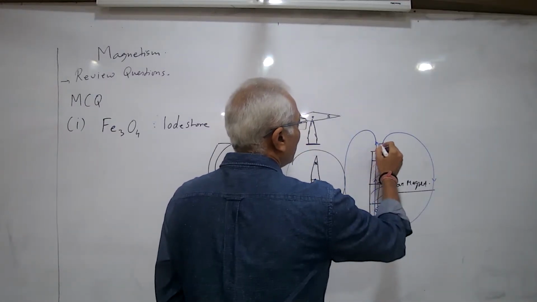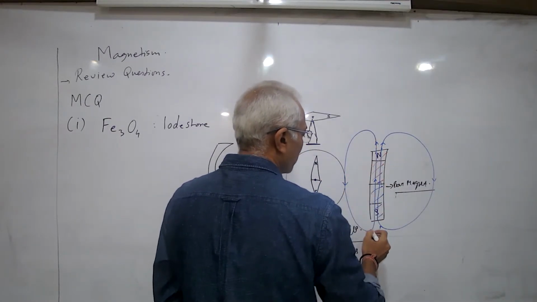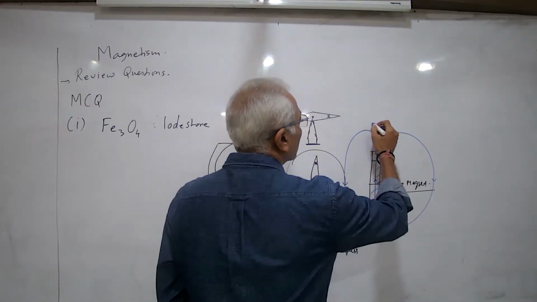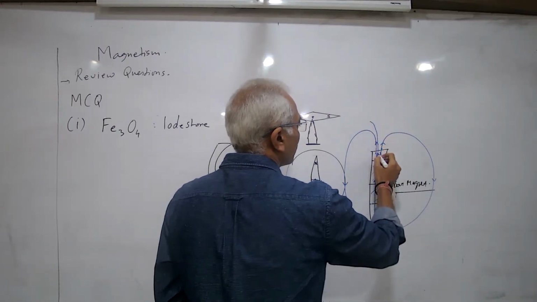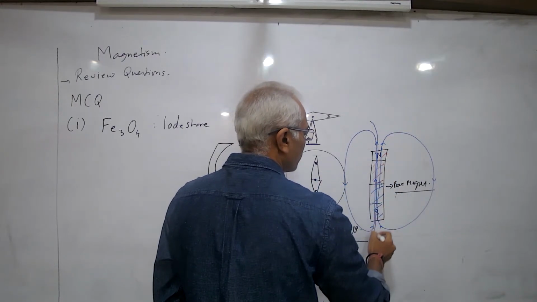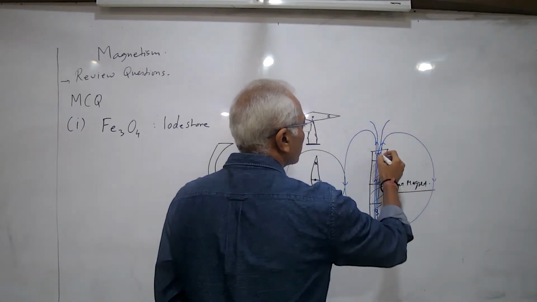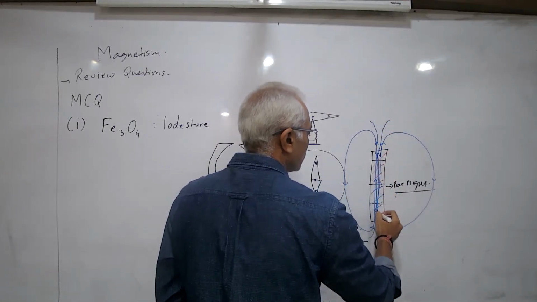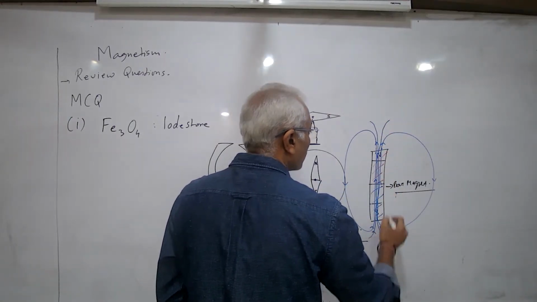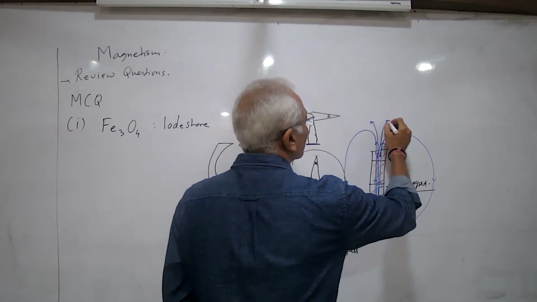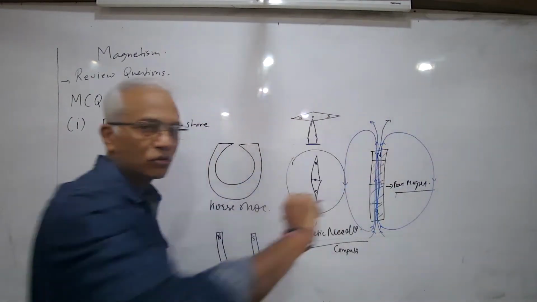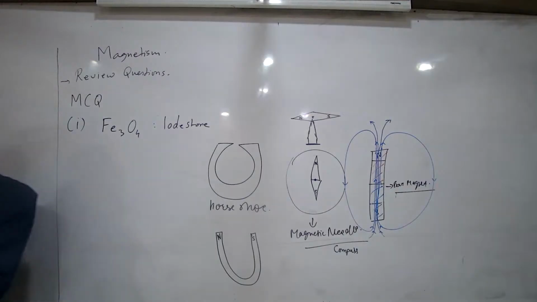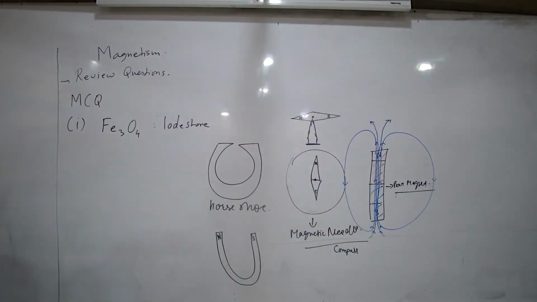So you have to show the magnetic field line directions like this, and you can have so many. All of them will form a closed loop. So they will also form a closed loop. Understood? So understanding of poles, is it clear? Okay, next.